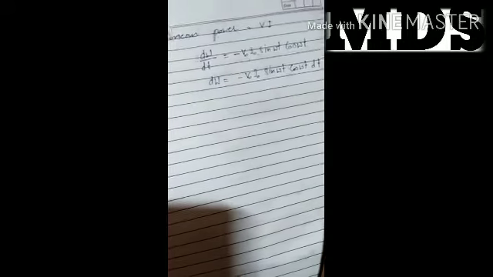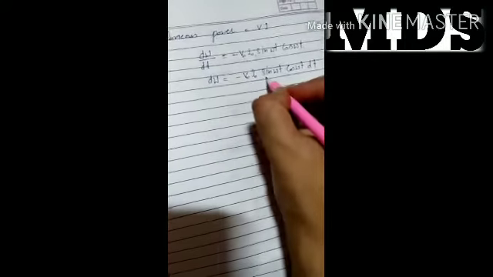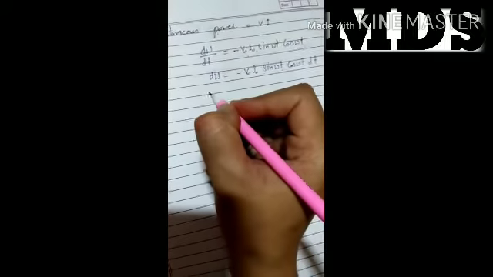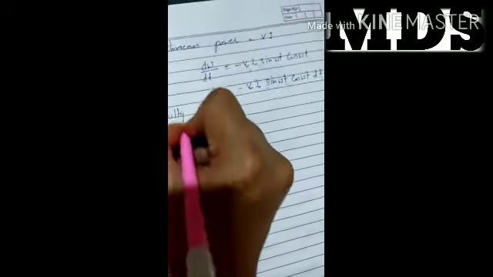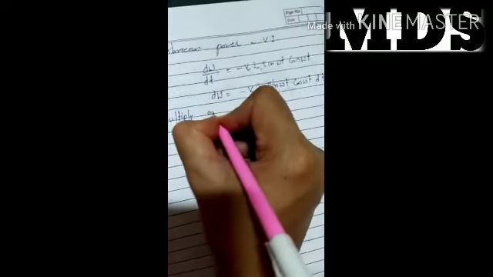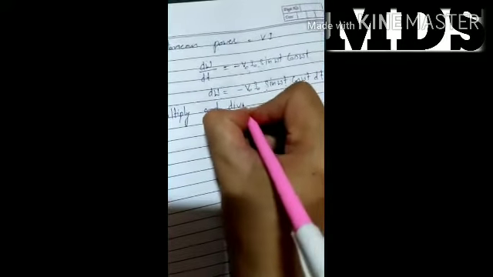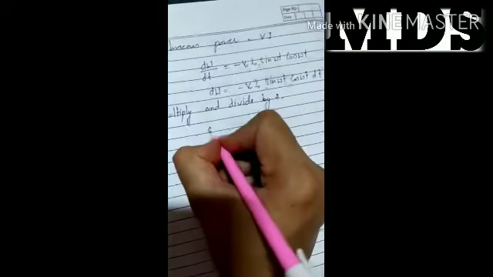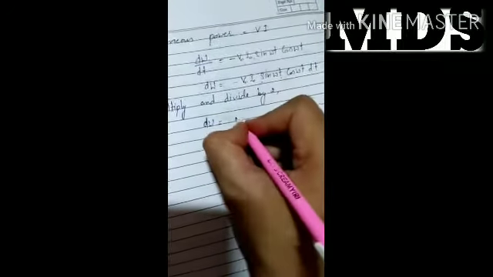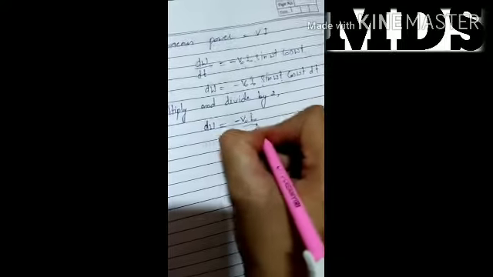Clear? Then for the solution, we multiply and divide by 2. Then the change in work done is minus V naught I naught by 2 into 2 sin omega t cos omega t dt.